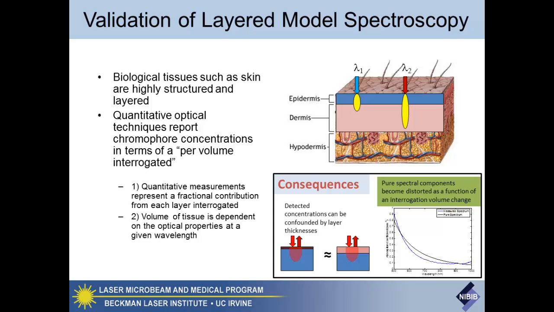You could have a very high concentration of a chromophore in a thin layer or a low concentration in a thicker layer, and you won't necessarily be able to separate the two. Also, if you're looking across a large spectral range and your volume of interrogation changes as a function of wavelength, it has the potential of distorting the spectral content of what you're measuring.